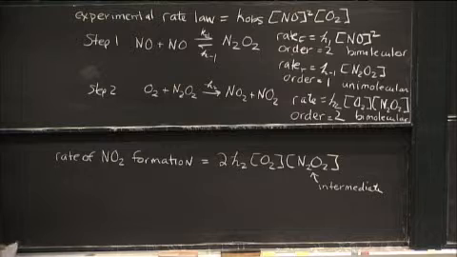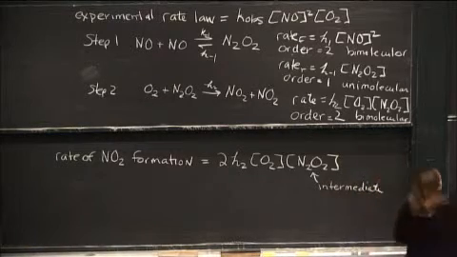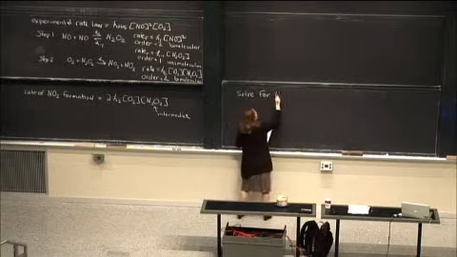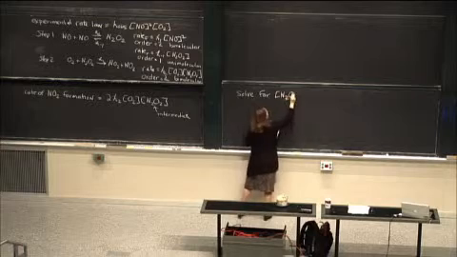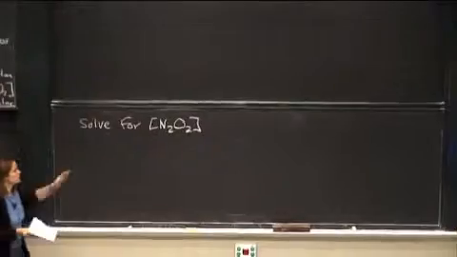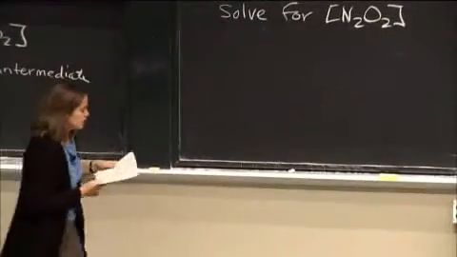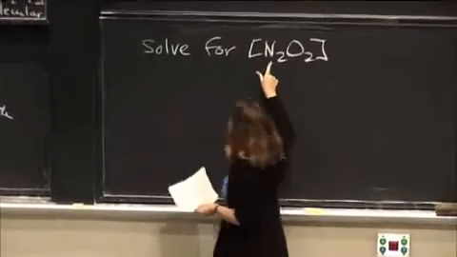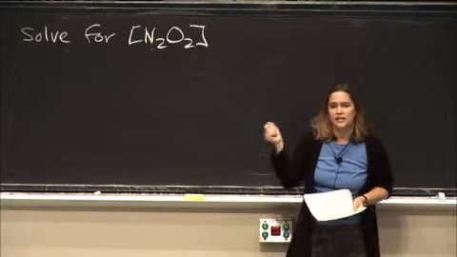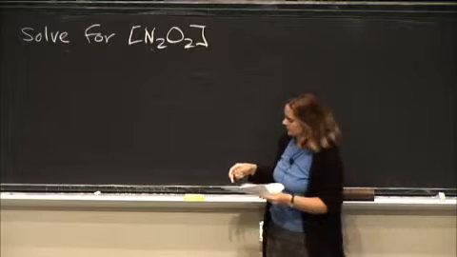So we need to solve for the concentration of N2O2 and substitute that into our equation. So we need to think about how this intermediate is formed, how it is decomposed, and how it is consumed.